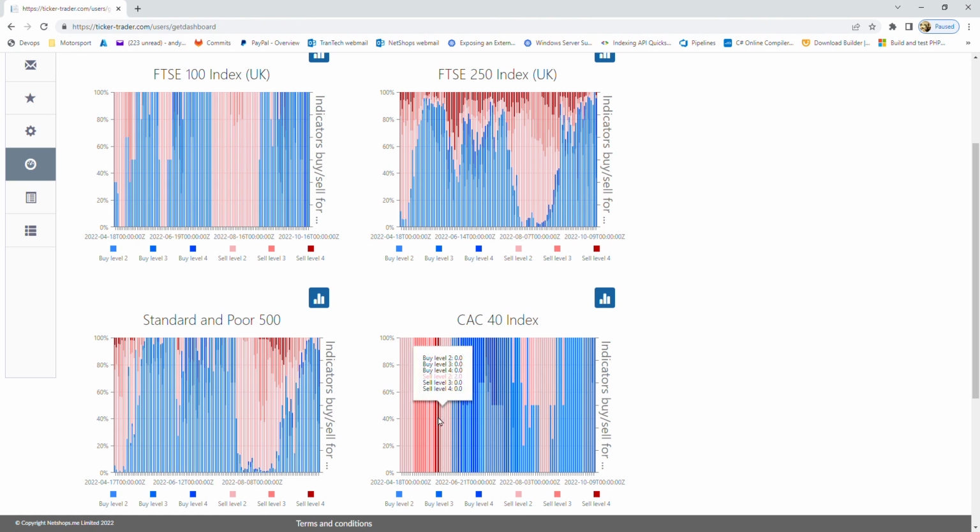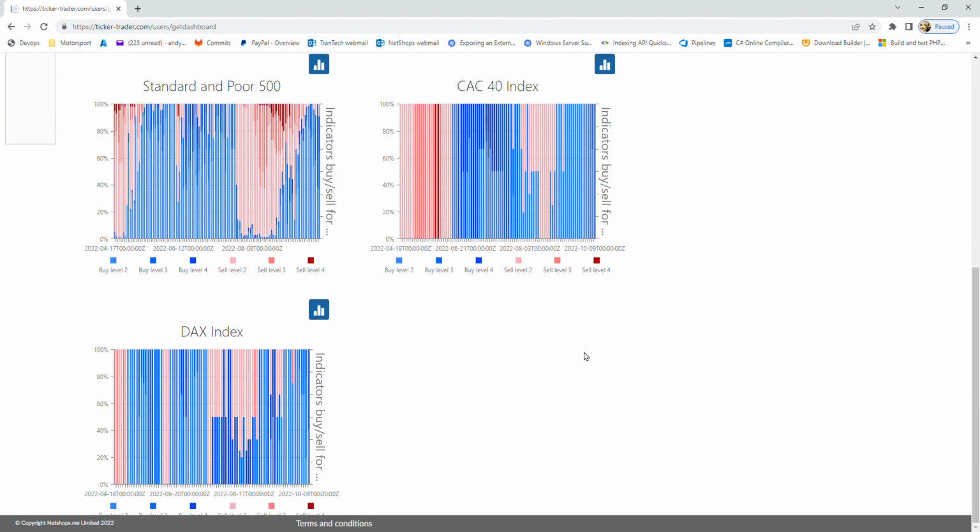The CAC has fewer members in there, so the average is made up of a smaller number of stocks. We can see the same pattern, but it's a lot bolder. The biggest swing from sell signals to buy signals, and then we can see a bit of a transition period down to 100% sells and then back up to 100% buys.